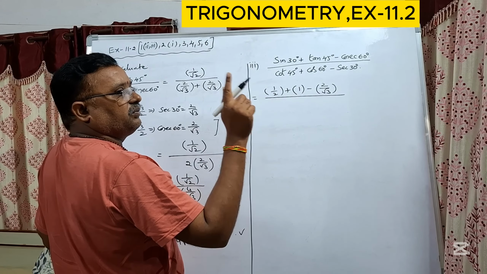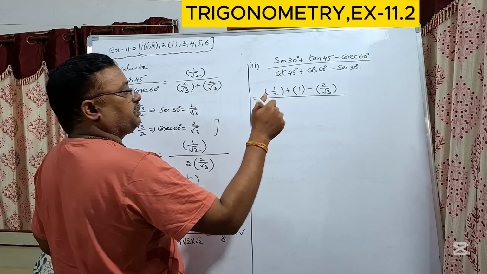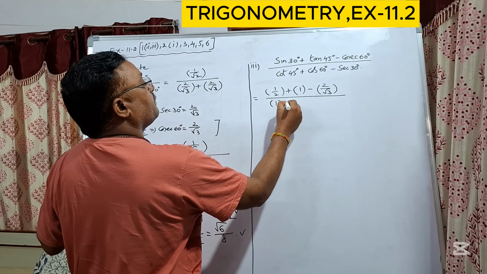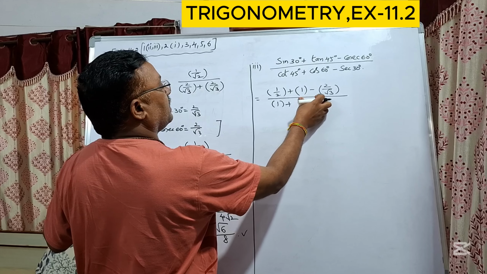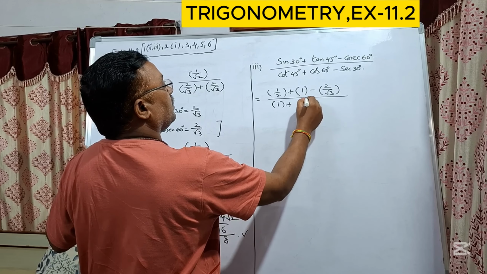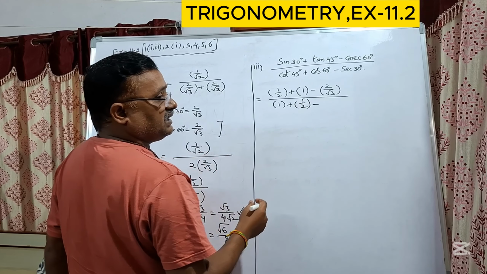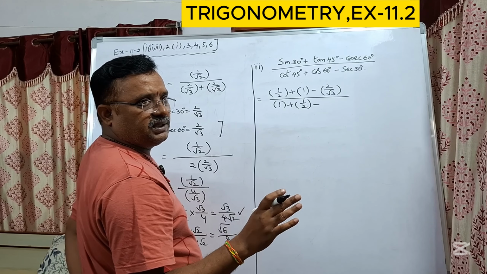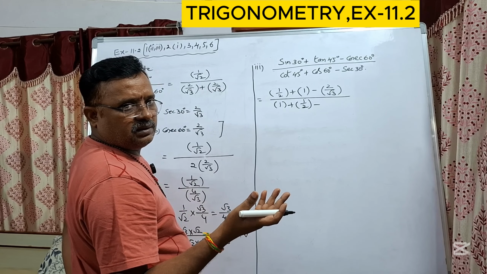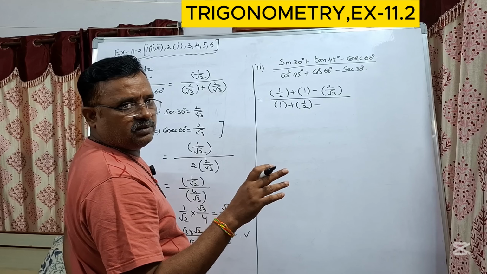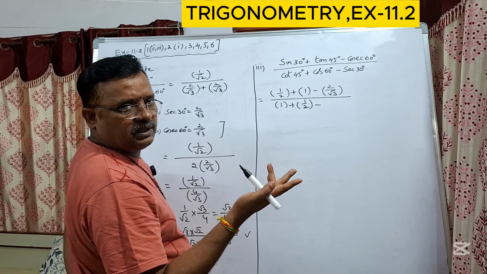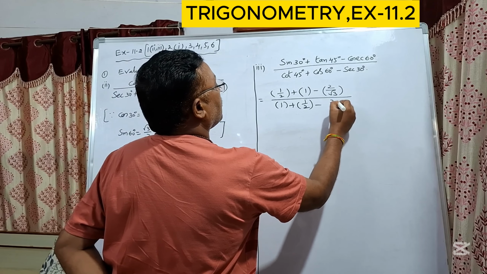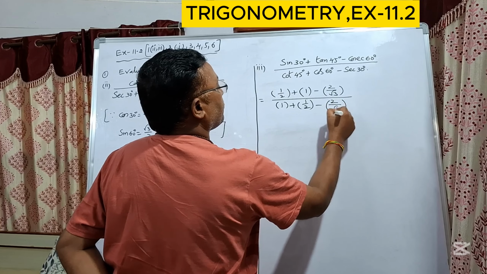Tan 45 value 1, so cot 45 is its reciprocal, again 1, plus cos 60 degrees value 1 by 2 minus secant 30. Secant 30 comes from cos 30. Cos 30 value root 3 by 2, so secant 30 value 2 by root 3. Understood?